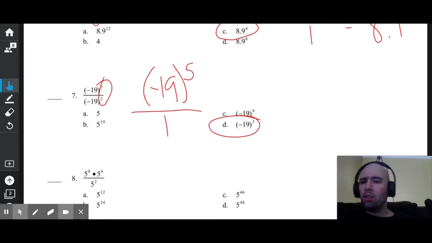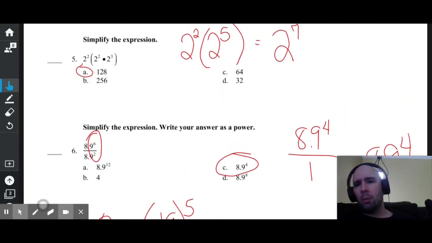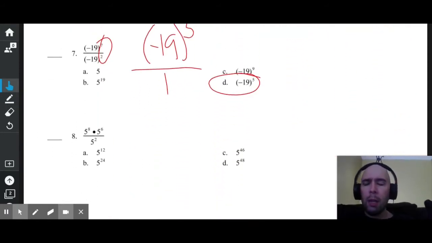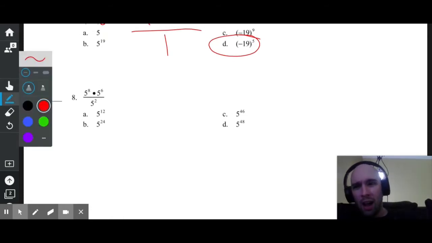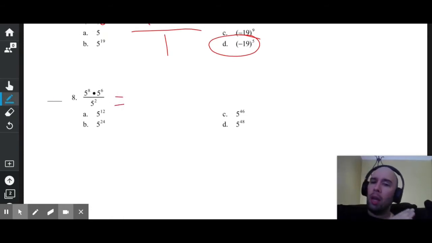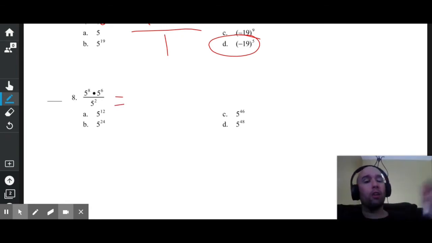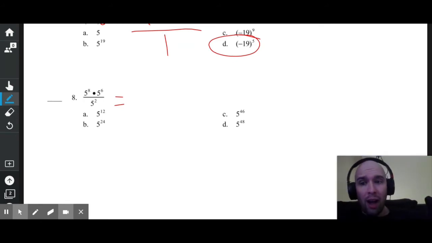Now we're going to take what we did in problem 5 and problem 7 and do that with problem 8. Upstairs, I have in one room 8 5s. In another room upstairs, I have 6 5s. So if I have 8 5s and 6 5s, I add all of those 5s, and that gives me 5 to the 14th.